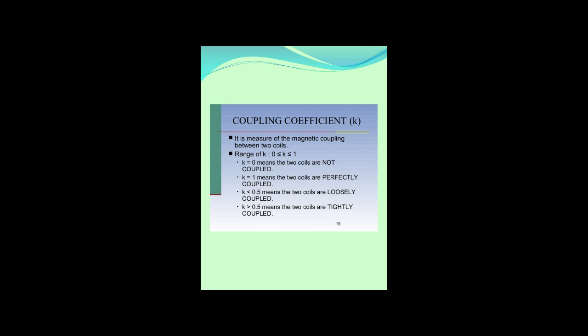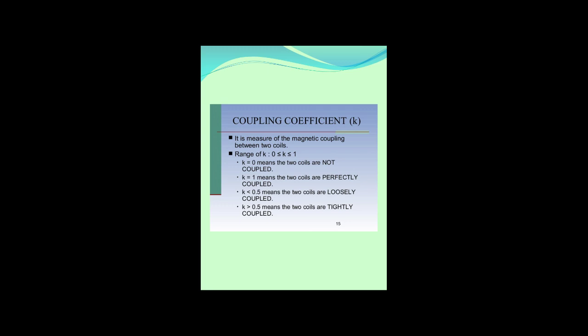Now coupling coefficient. The value of the coupling coefficient lies between 0 and 1, and it is the measure of magnetic coupling between two coils. If the value of K is 0, the two coils are not coupled, and if K is equal to 1, the two coils are perfectly coupled.